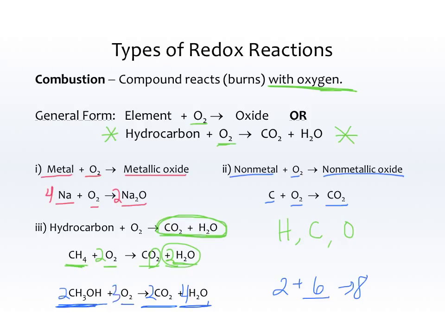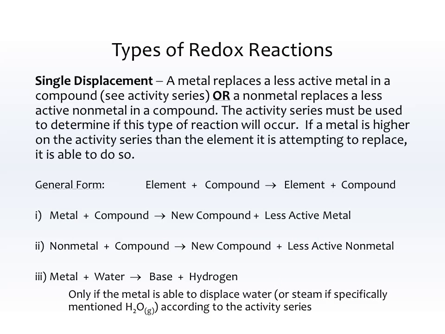So if I put a 3 here in front of that O2, then that's going to be 8. The reason why you want to balance oxygens last in the combustion reactions is because oxygen is usually a reactant on its own and easier to manipulate how many of them you have, whereas carbon and hydrogen are within other compounds. And the next one we're going to talk about is single displacement reactions.